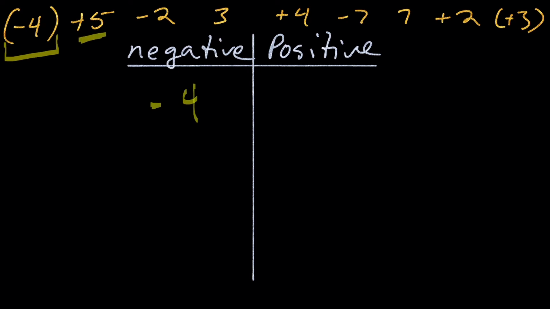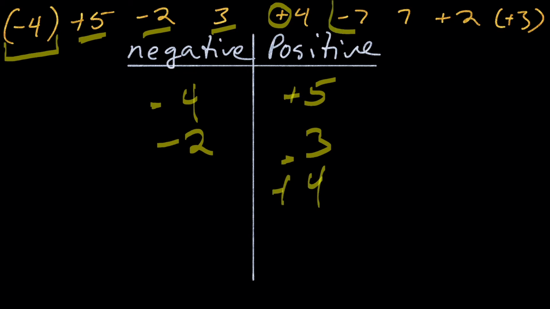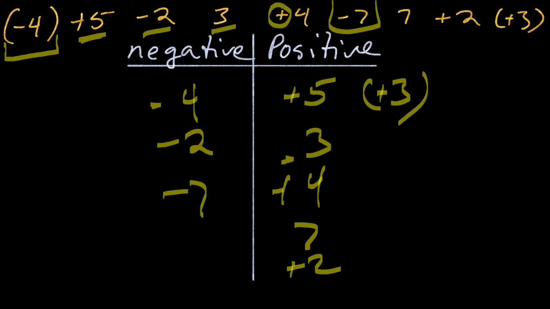Now, a positive 5 would go in the positive. -2 would be -2 there. This is 3, obviously positive. Now, you don't have to write the plus sign to know that something is positive. You can just have it without. And this is +4. This is -7, +7, +2, and in brackets, +3.